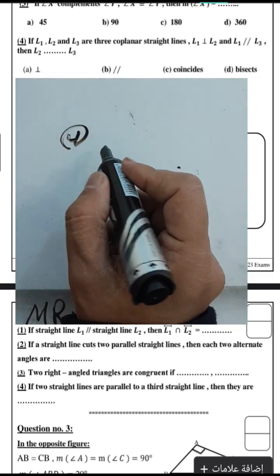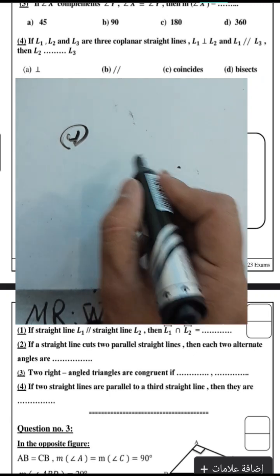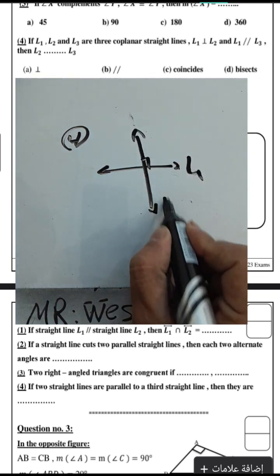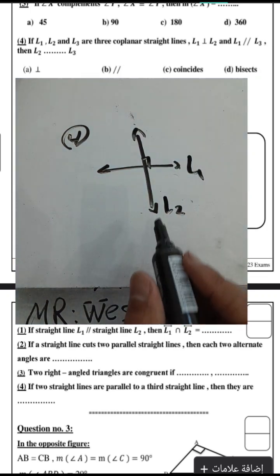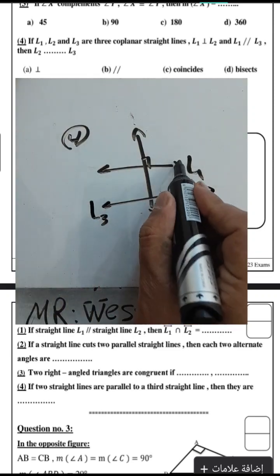Question number 4 again. L1, L2 and L3 are three coplanar straight lines. L1 is perpendicular to L2 and L1 is parallel to L3.